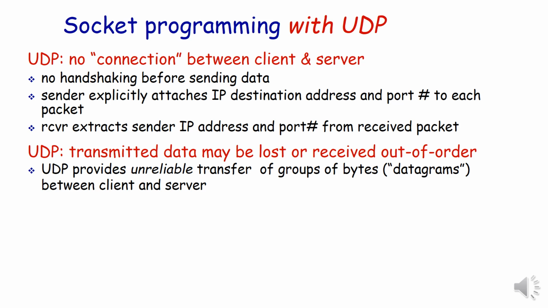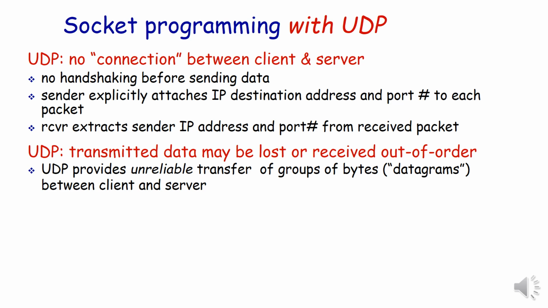The sender explicitly attaches the destination IP address and the port number to each packet. So the receiver at the receiving side extracts the IP address and the port number from the received packets. The UDP transmitted data may be lost or received out of order.